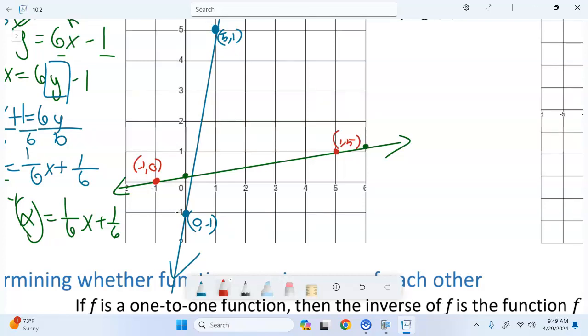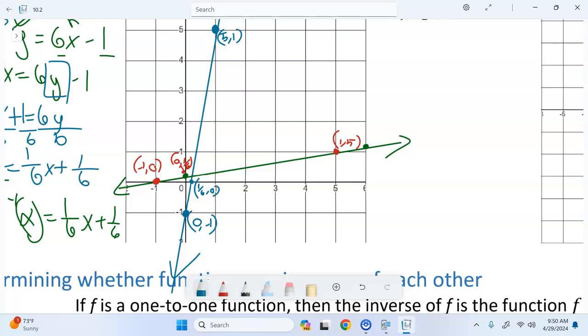The x's and the y's are switched. And that'll be true for every single point on that line. If I have the ordered pair 0, 1/6 right here, on my inverse function, I have to have the point 1/6, comma 0. Every single point and its inverse will match on that line.